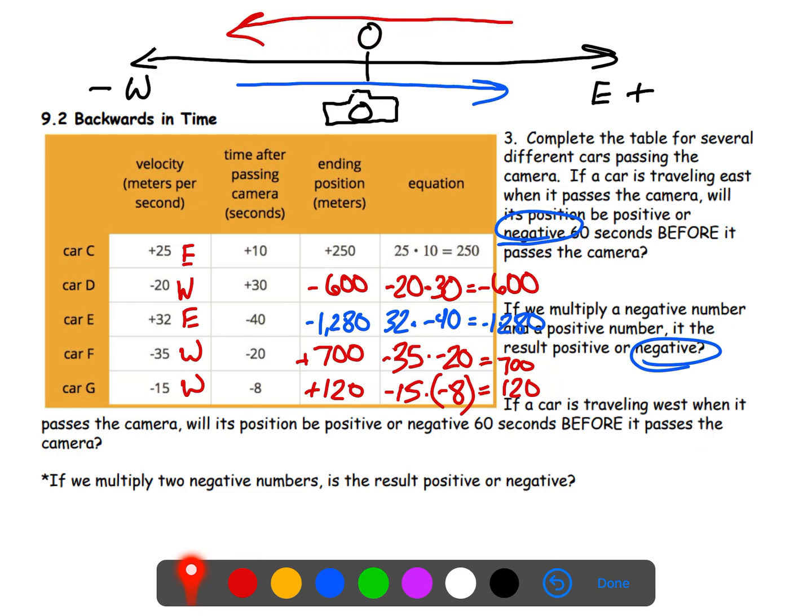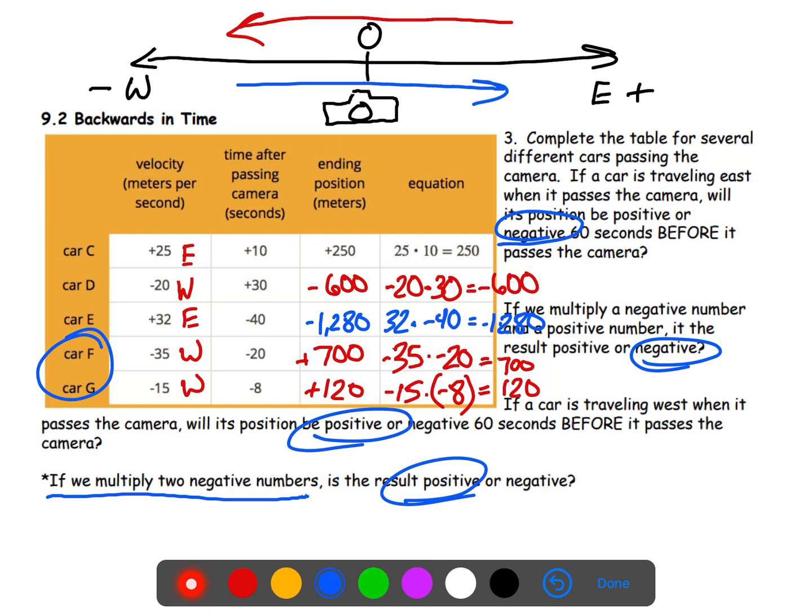So it's traveling west along this red line here, but we're looking at 60 seconds before it reaches the camera. We're over here on the positive side of the road, so we would mark positive. And if we multiply, here's the very important part today, if we multiply two negative numbers, the result will be, just as these two cars showed us here, car F and car G, multiplying two negative numbers gives us a positive result.